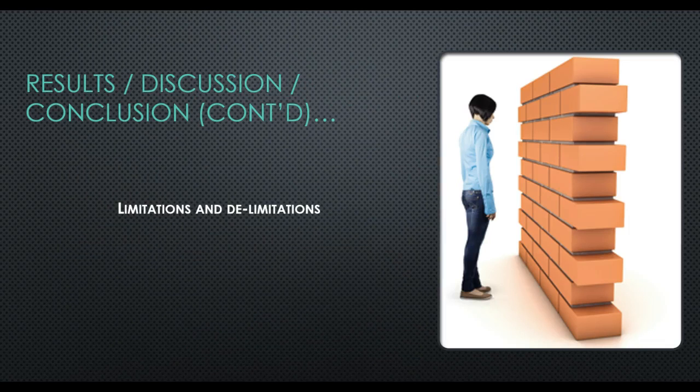Okay. So there are some limitations to the study, and those need to be soberly and honestly brought out for the sake of ethically performing the study. So the first limitation to the study is that there was only one church used within the sampling.